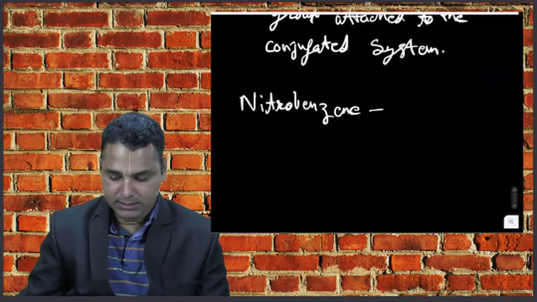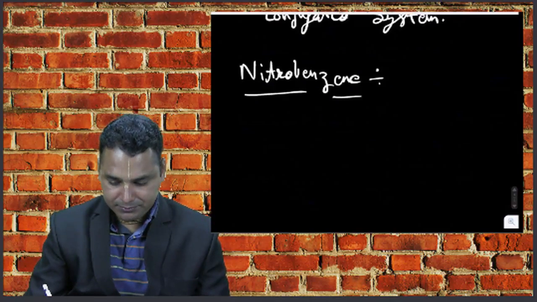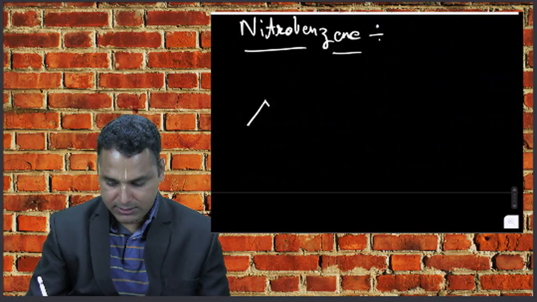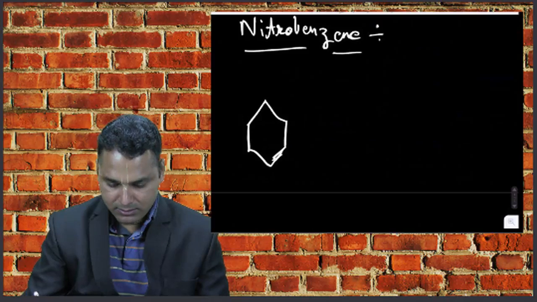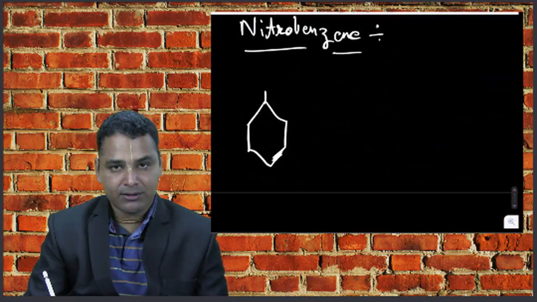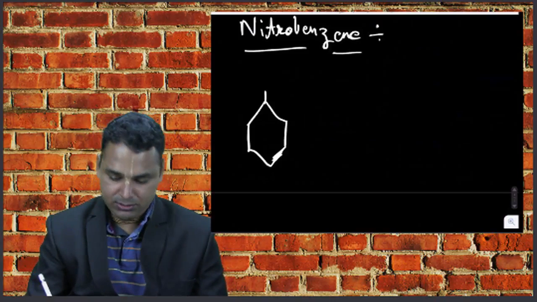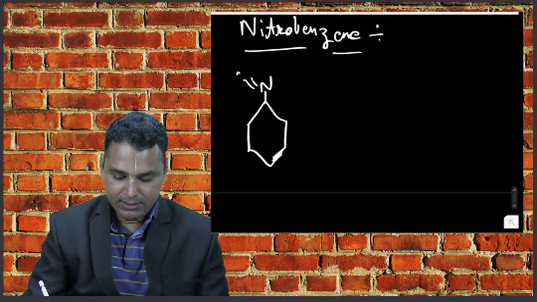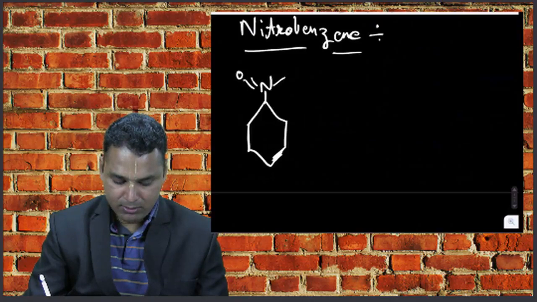This benzene ring is there, and now NO2 is getting attached. NO2 means nitro, so benzene with nitro is nitrobenzene. One oxygen is attached by a double bond, and the other by a single bond. Now what happened?